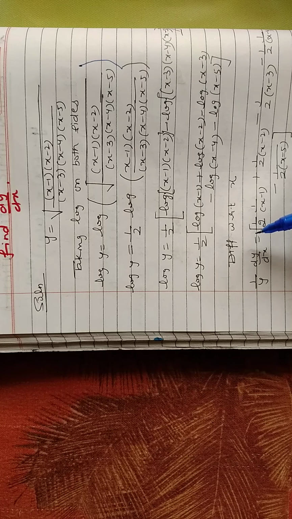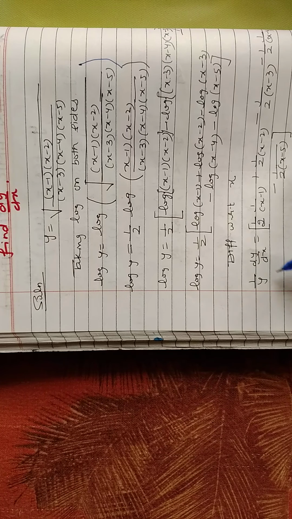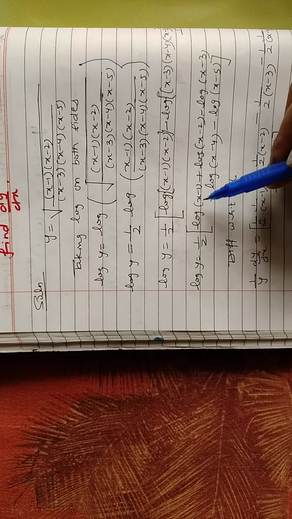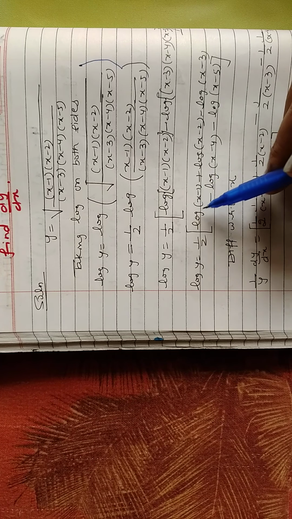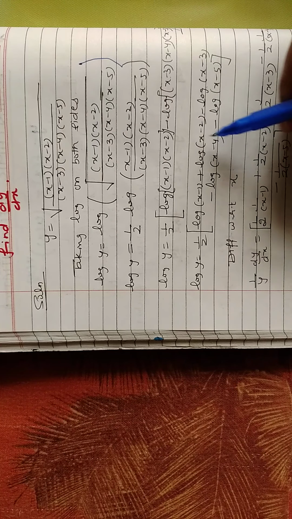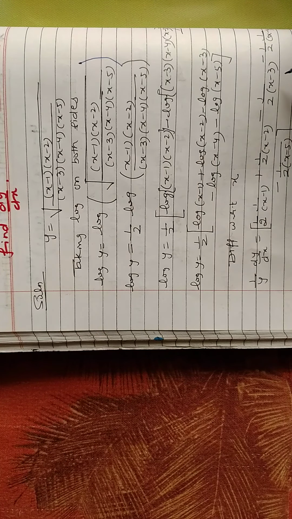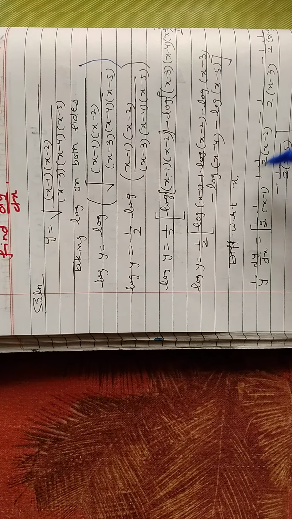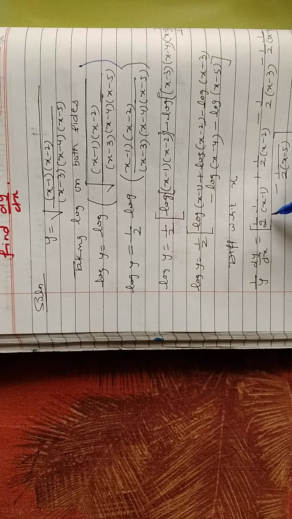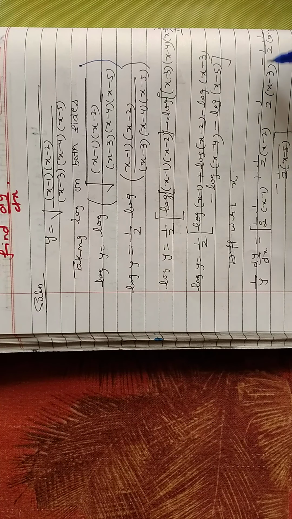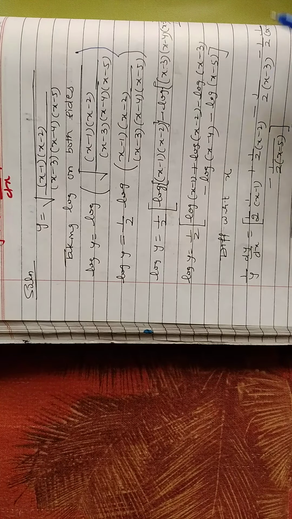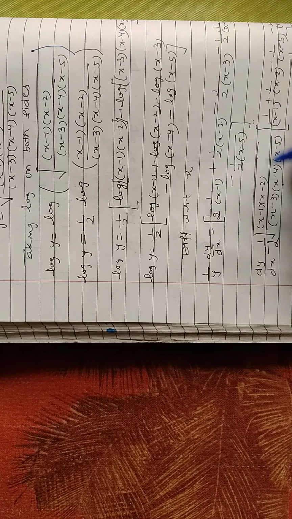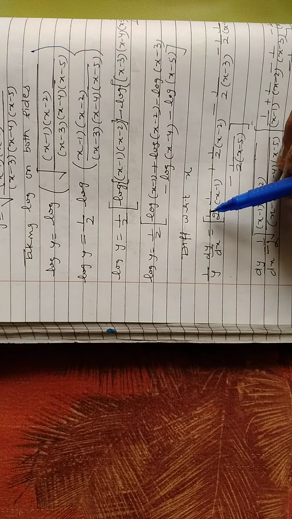So after differentiating with respect to x, it will become 1 by y dy by dx equals half of [1 over x minus 1, plus 1 over x minus 2, minus 1 over x minus 3, minus 1 over x minus 4, minus 1 over x minus 5]. Half is with all, so you will apply half with all, and finally, in the last step, as I have told you, this y will go on that side.